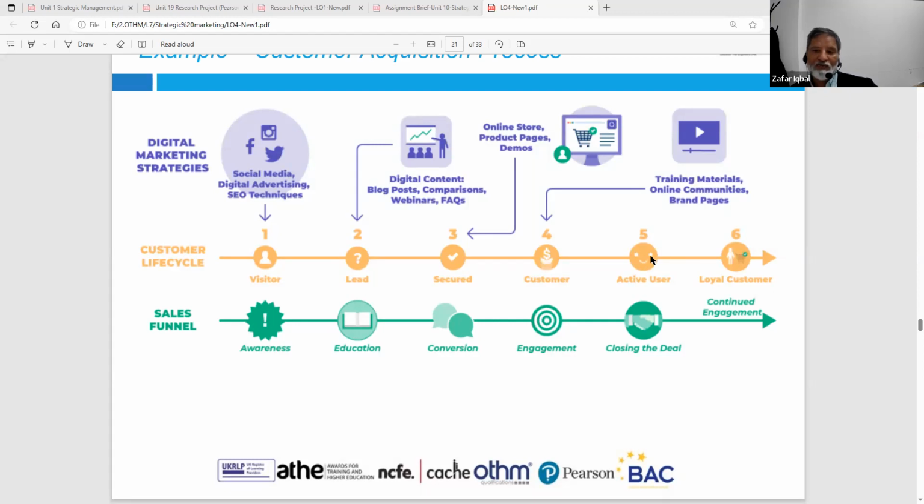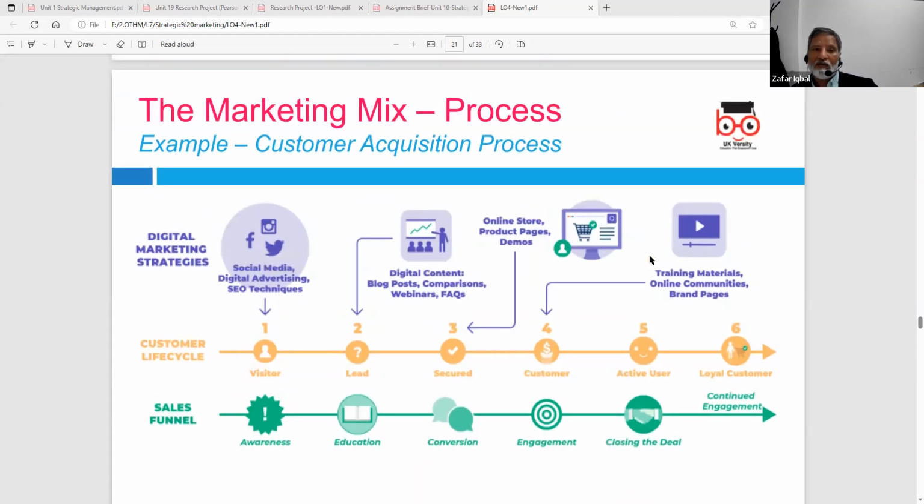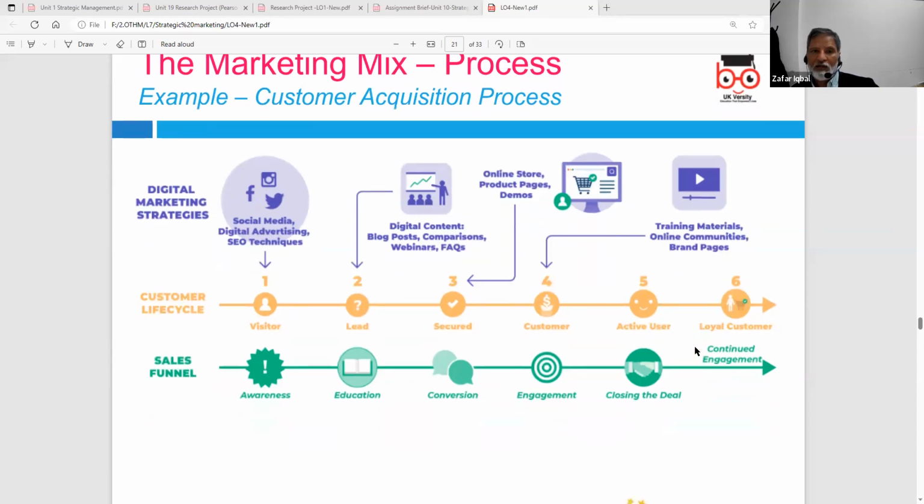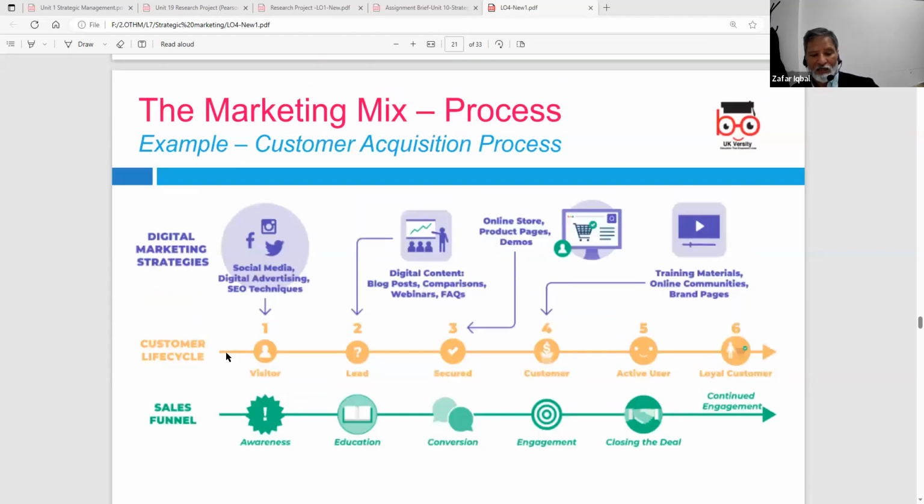Because we have created a customer relationship using these digital marketing strategies, these are all the processes used in the customer acquisition process. You can use that in sales channels as well, or the sales funnel.